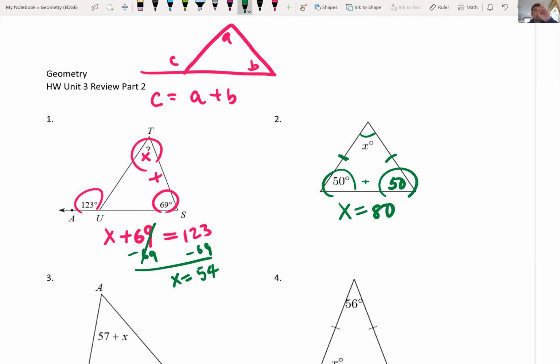Because 50 plus 50 plus 80, if you add all 3 interior angles, it's always 180. So now you're using a plus b plus c is 180, and it's called the angle sum theorem. Triangle angle sum theorem. That's the long official name of it.